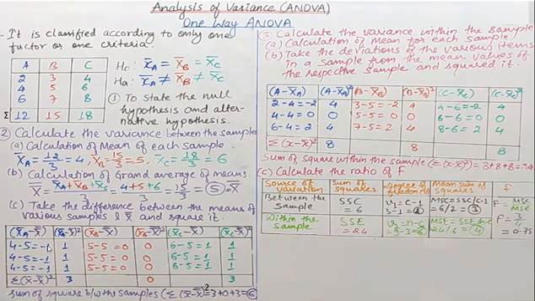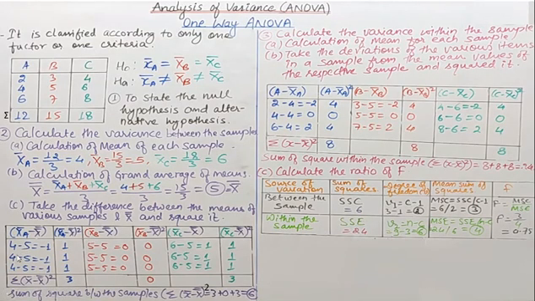Okay, so now we see that X A bar equal to 4 and X bar equal to 5. So 4 minus 5 equals minus 1, and we square the term, which will be equal to 1. There are 3 rows, so we will take 3 values. The second value will also be equal to the first value.